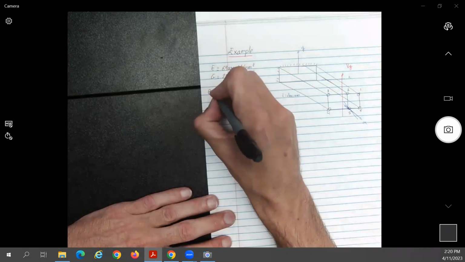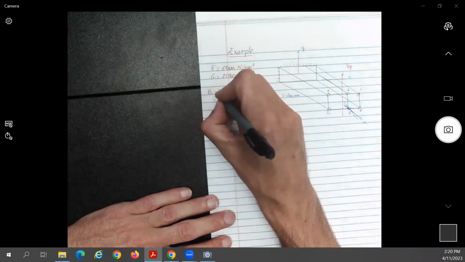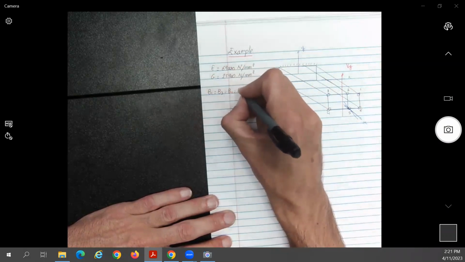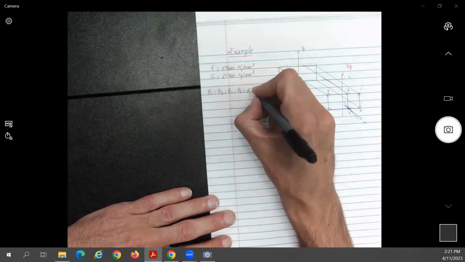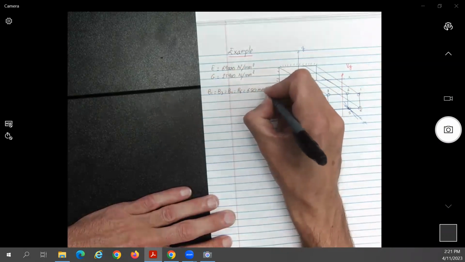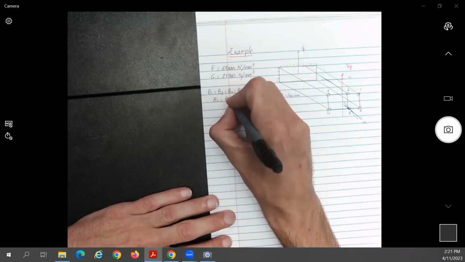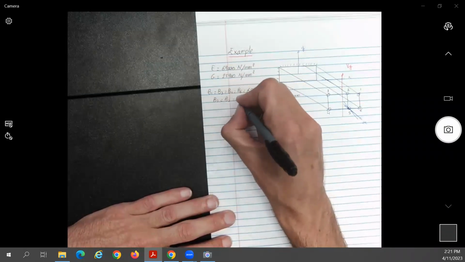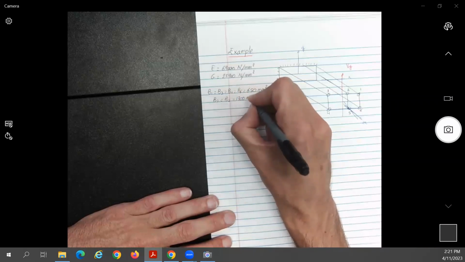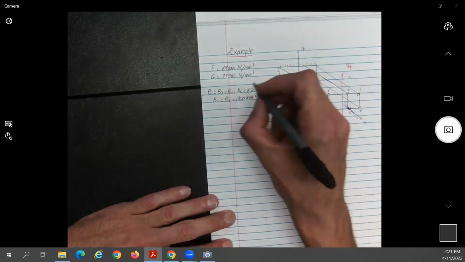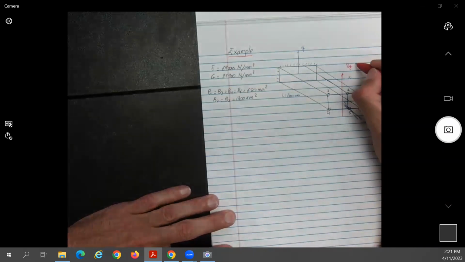We know that the boom areas are B1 equal B3 equal B4 equal B6 equal to 650 millimeters square. B2 equal to B5 equal to 1,300 millimeters square, and Vy is applied at the shear center.